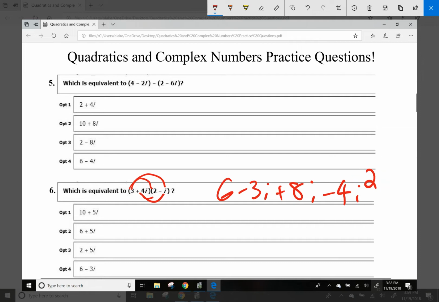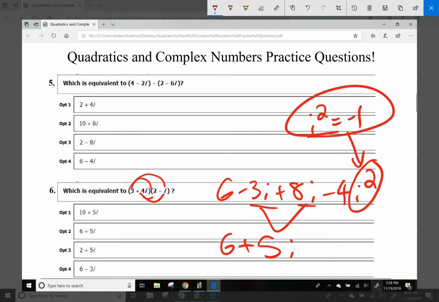So there's a couple things that happen. These i terms combine. -3 plus 8 makes 5i. So you're going to have 6 plus 5i since it is a positive 5i. But we have to remember that i squared, we talked about this a long time ago, i squared is always equal to -1. So this means I have -4 times -1 here, which becomes a positive 4.